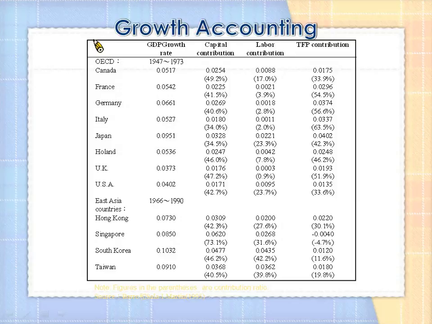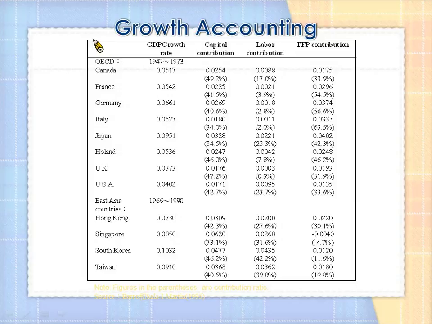Okay, so these are called newly industrializing economies, which had remarkable growth from the 60s to the 90s. If you do the same analysis, you can see that most of the growth came from capital accumulation.